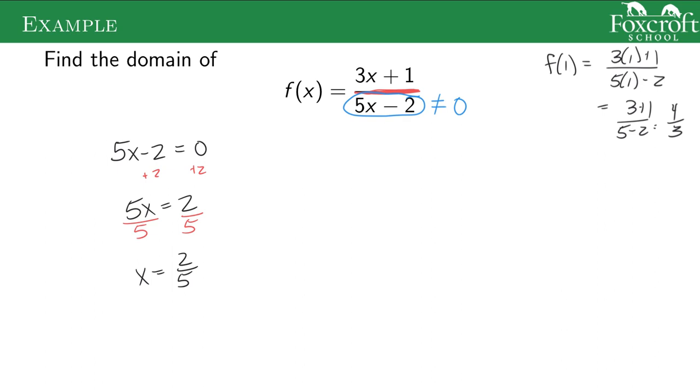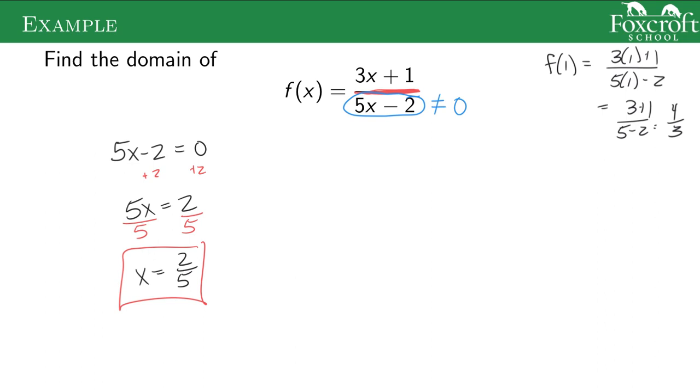So if I try to plug 2 over 5 into this function, I'd get something on the top but 0 on the bottom, and I know I cannot divide by 0. So this is my bad value, but everything else is fine. I can divide by 1, I can divide by 100, I can divide by negative 1,000. Every other number is fine to divide by. Just when the bottom is 0, that's bad.